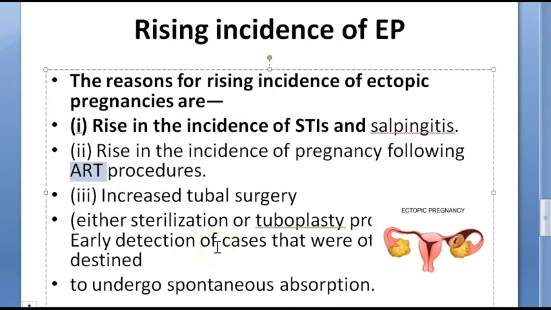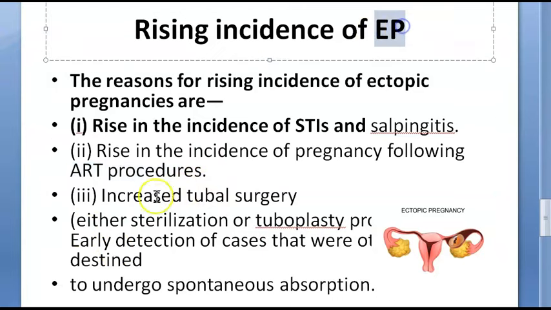Right now, people want IVF, or so many procedures are being done. Right? Assisted reproductive facilities. If they are not able to conceive, they would have gone through tubal patency checks and all. If there is some salpingitis, they'll try to resolve it. Or a lot of fixes happen, right? So that is why ectopic also increases.